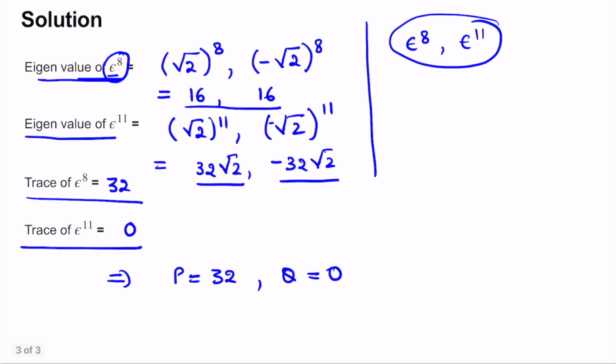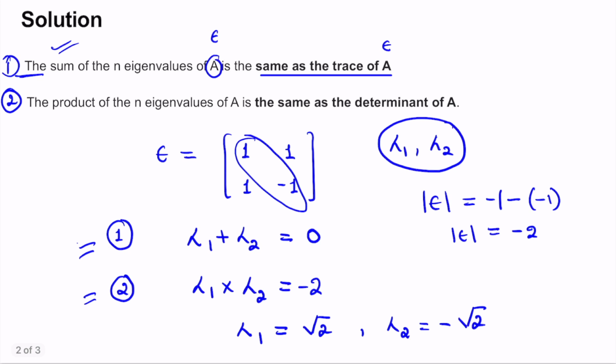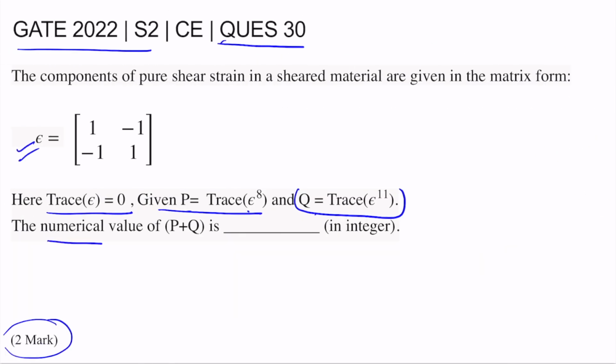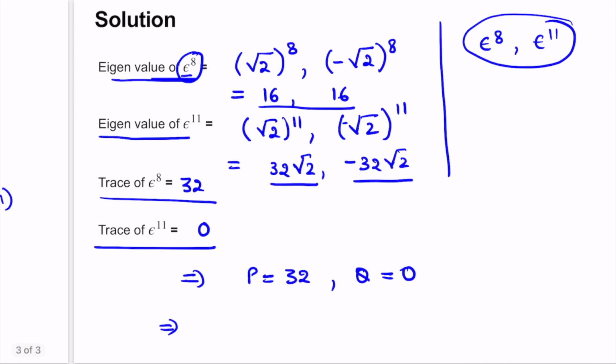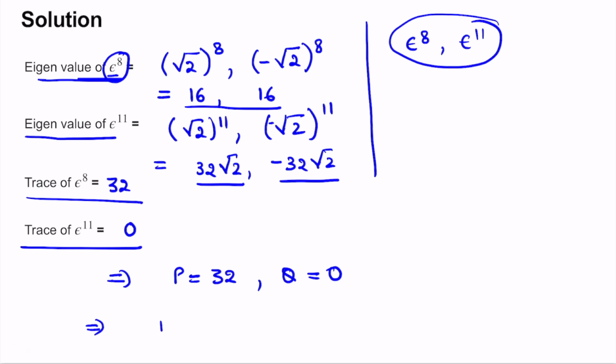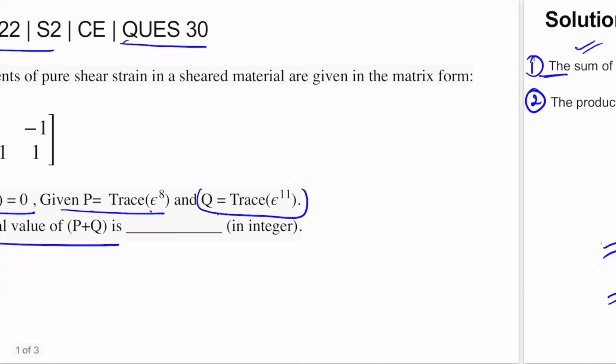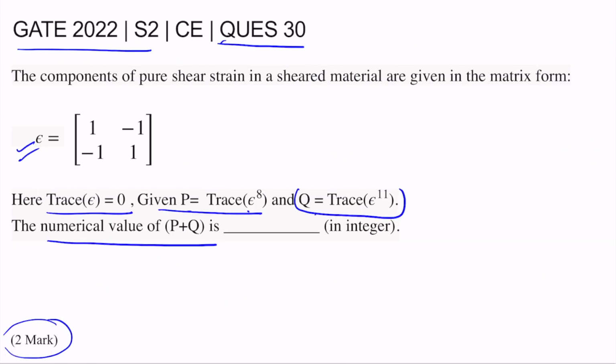Now we know the values of P and Q. In this question we are asked the numerical value of P plus Q. So P plus Q is equal to 32. So our final answer will be 32. So here we can fill in the value 32 as the answer.